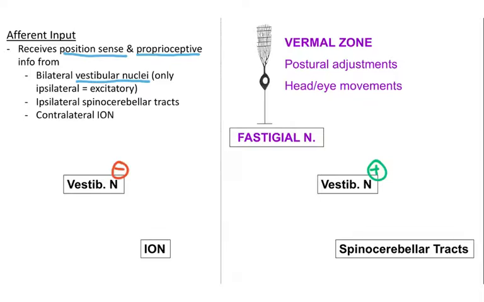And then it's also going to receive this information from the spinocerebellar tract and the contralateral inferior olivary nucleus. So the inferior olivary nucleus is going to provide a climbing fiber to the cerebellum, whereas the other three are going to provide a mossy fiber, because everything that's not a climbing fiber would be a mossy fiber.